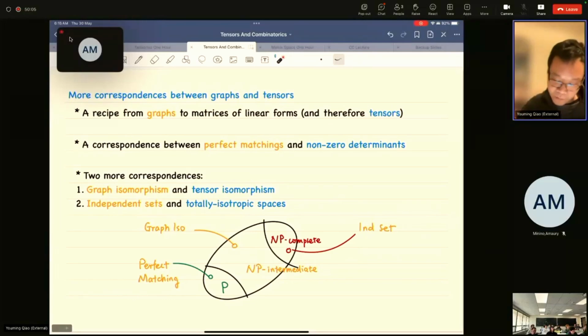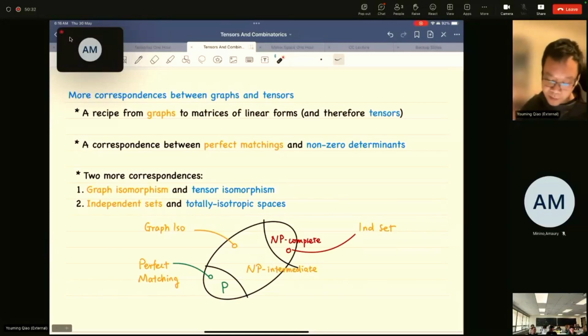So you probably know that this is a very classical picture in computational complexity. We have P, we have NP, and so on. We have problems that are in P, which can be solved deterministically in polynomial time. We also know of thousands or tens of thousands of NP-complete problems.